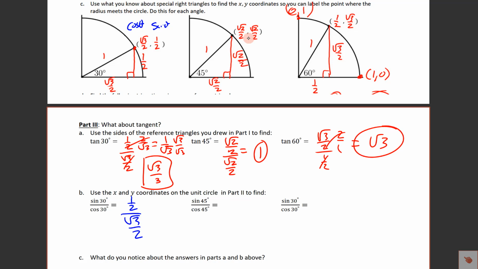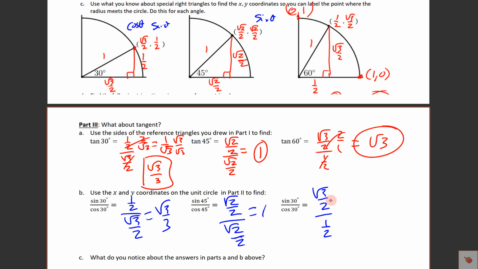Let's do it on the next one. Sine of 45 degrees, radical 2 over 2, because the sine's right here, over the cosine of 45 degrees, radical 2 over 2. Don't we get 1 there? Don't we get radical 3 over 3 here? And guess what would happen if we took the opposite, radical 3 over 2 over the cosine.